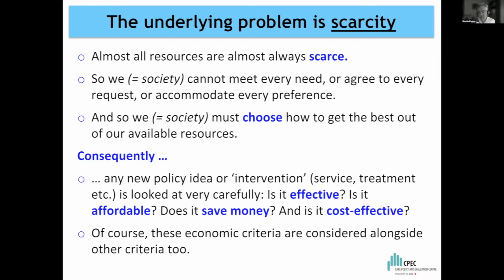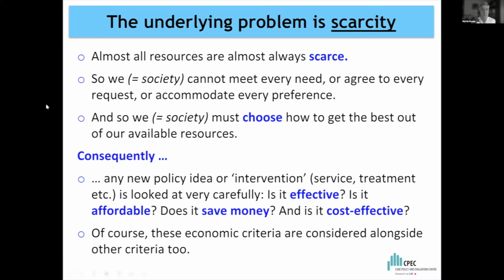And in choosing, we'll have various criteria that we will use to guide our choice. It may be that one of those criteria is how to get the very best out of our resources, to be the most effective we can with the budgets we've got, for example. So the underlying problem is scarcity, which leads to a need for choice, and that leads into the way that economics can help.